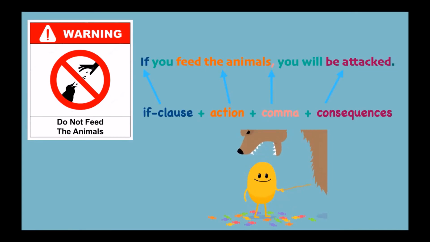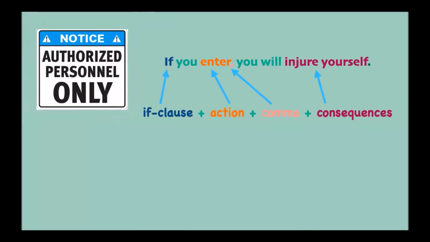Notice, authorized personnel only. If you enter, you will injure yourself. We have the if clause plus the action plus the comma plus the consequence of the action. If you enter, you will injure yourself.